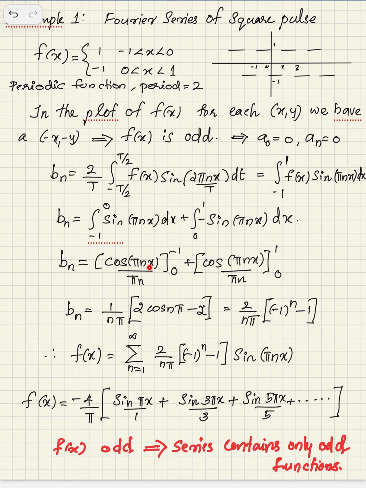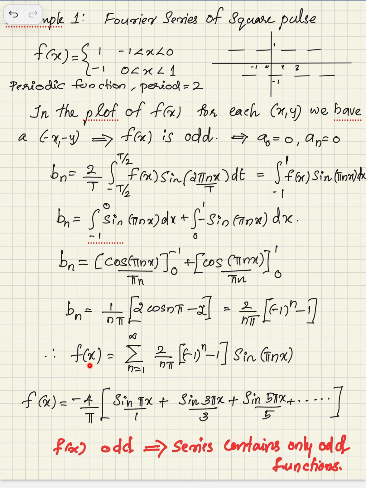And cos n pi is minus 1 raised to n, while cos 0 is 1. So here you will get a cos n pi, here you will get a cos n pi, so 2 cos n pi, and from the lower limit you will get cos 0. The final answer is 2 by n pi times minus 1 raised to n minus 1.